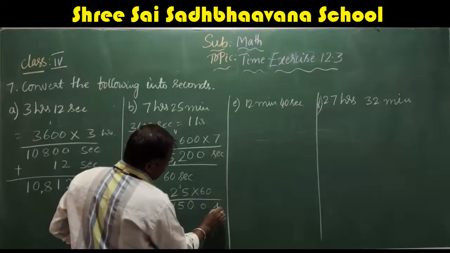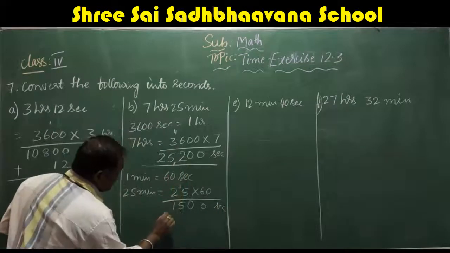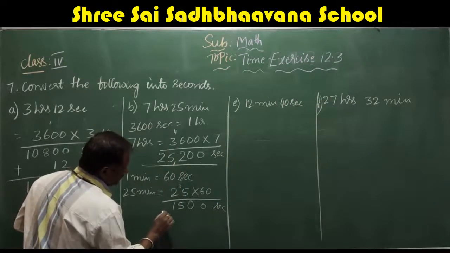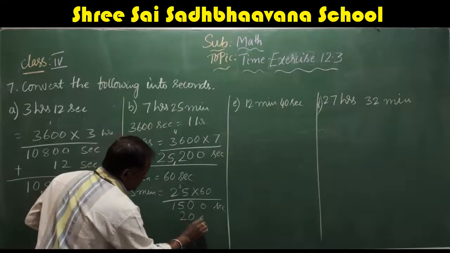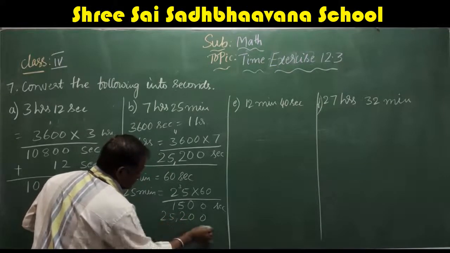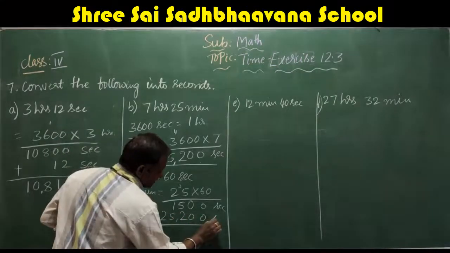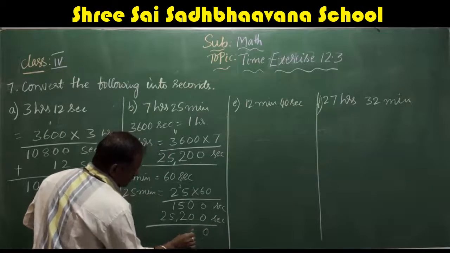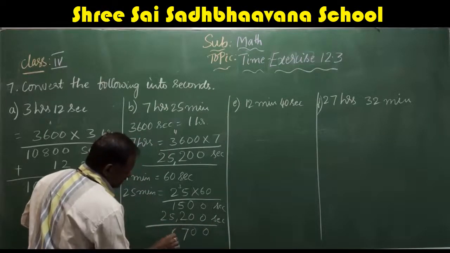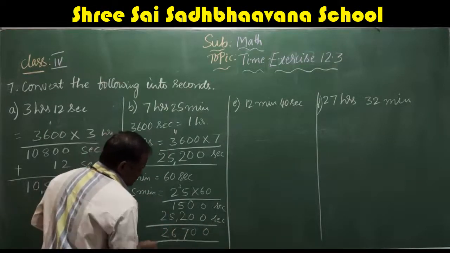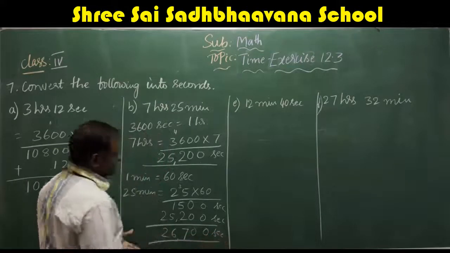This is also seconds. You add this one to this one. So 25,200 plus 1,500. Total: 0, 0, 5 plus 2 is 7, 5 plus 1 is 6, 2. That is 26,700 seconds.